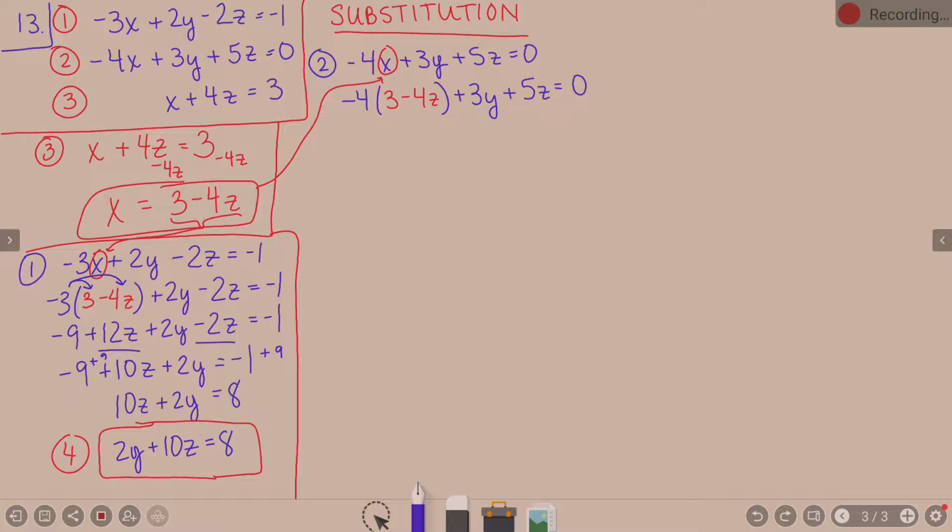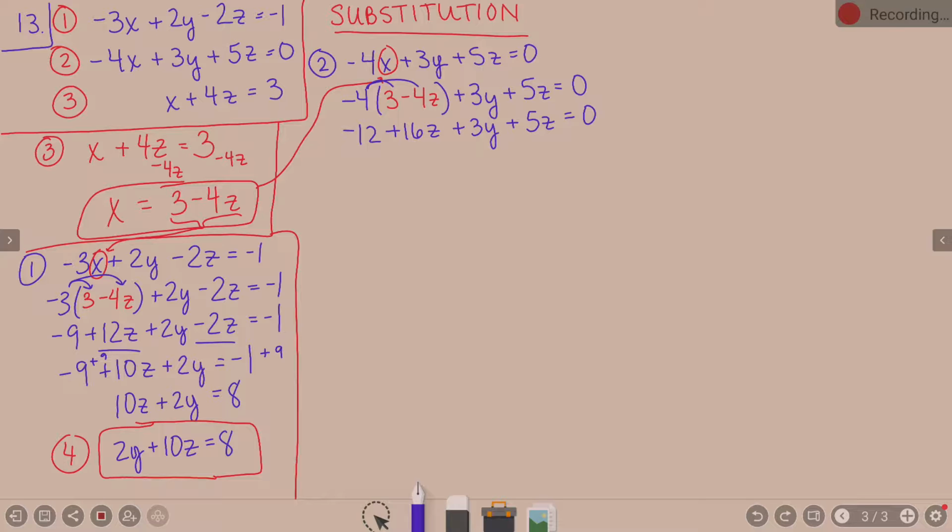Parentheses tell me to distribute. Negative 4 times 3, negative 12. Negative 4 times minus 4z plus 16z plus 3y plus 5z equals 0. No magic tens this time. Okay.